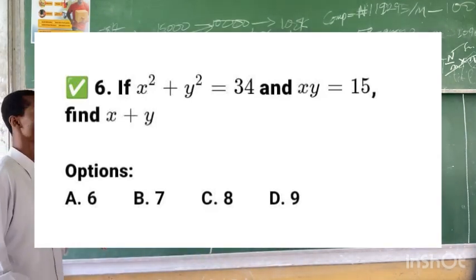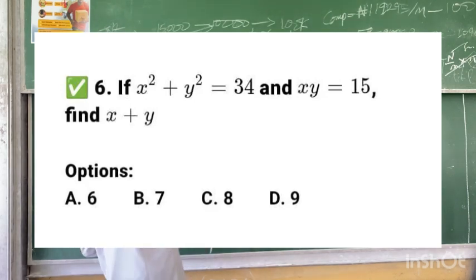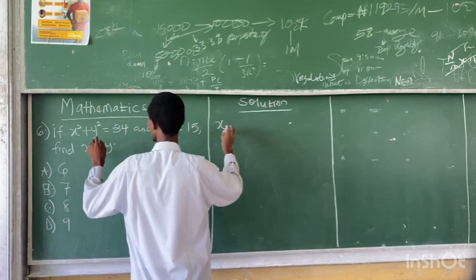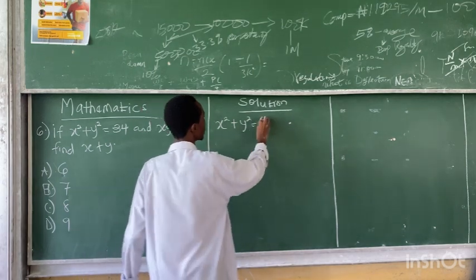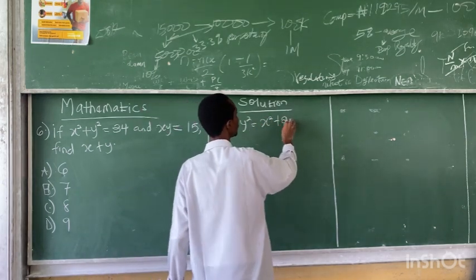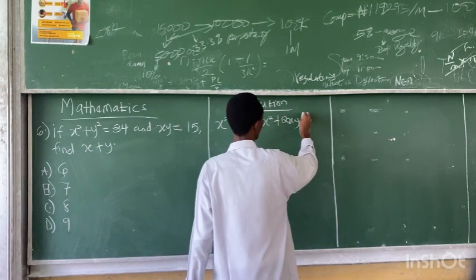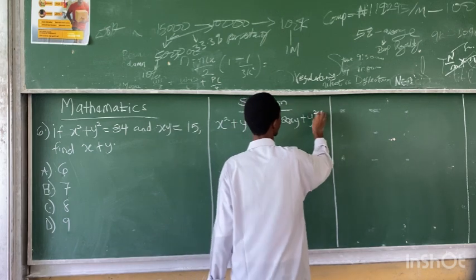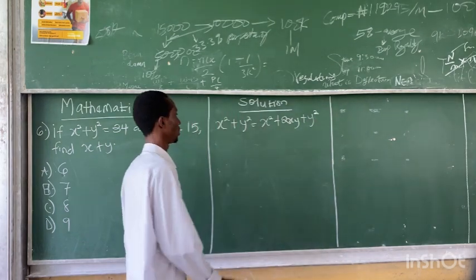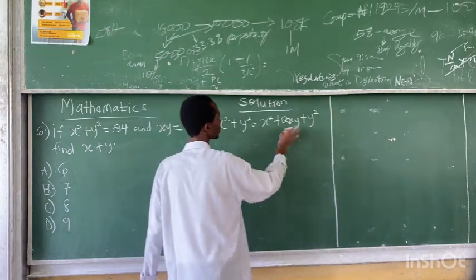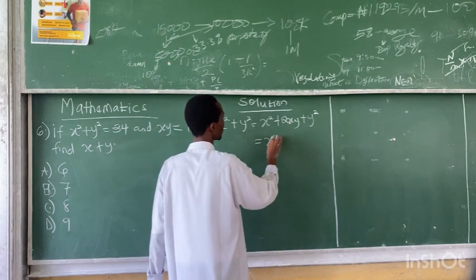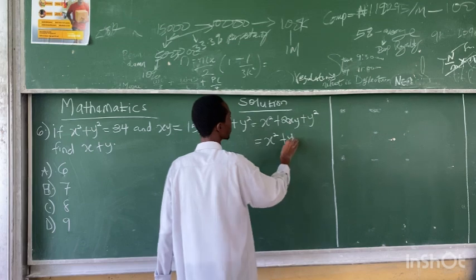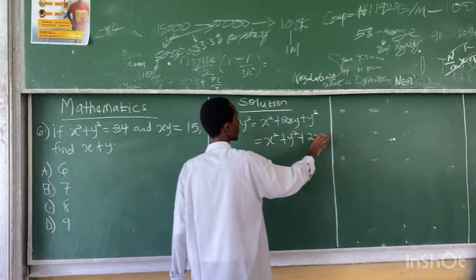Now, to solve this question, we have to use an identity. We have x plus y all squared is equal to x squared plus 2xy plus y squared. If we collect like terms, we have x squared plus y squared plus 2xy.